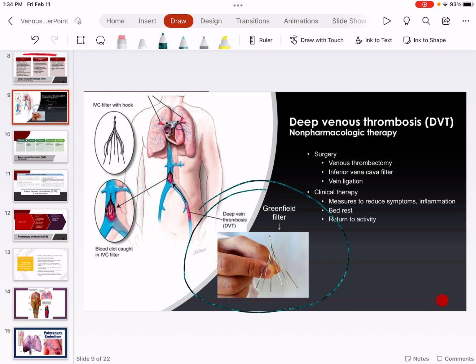So if someone has one DVT, they're probably not going to implant this Greenfield filter. But if someone's continuing to have multiple blood clot formation, then they would be a candidate for a vena cava filter, so that the patient doesn't have further problems like a pulmonary embolism or a stroke from the blood clots moving and lodging into those areas. So that's what a Greenfield filter is.